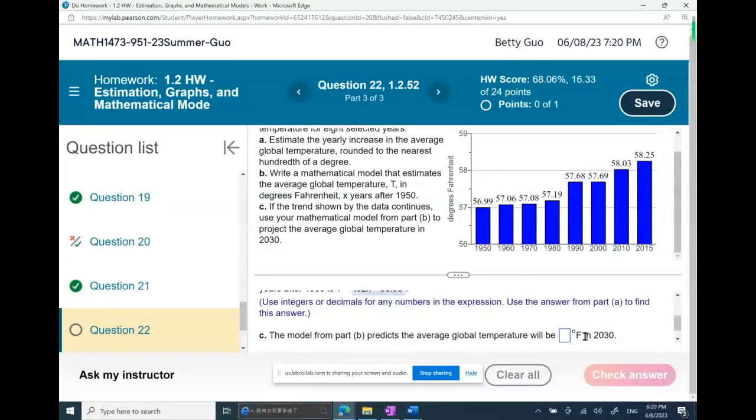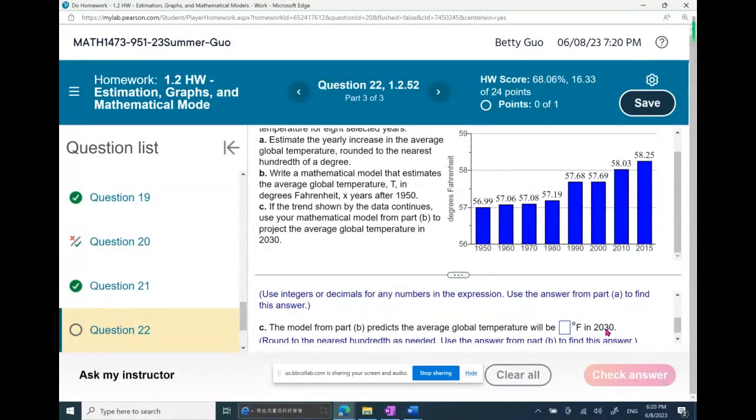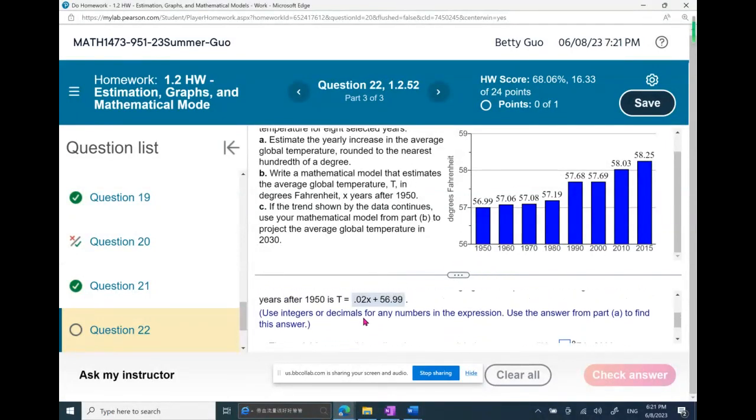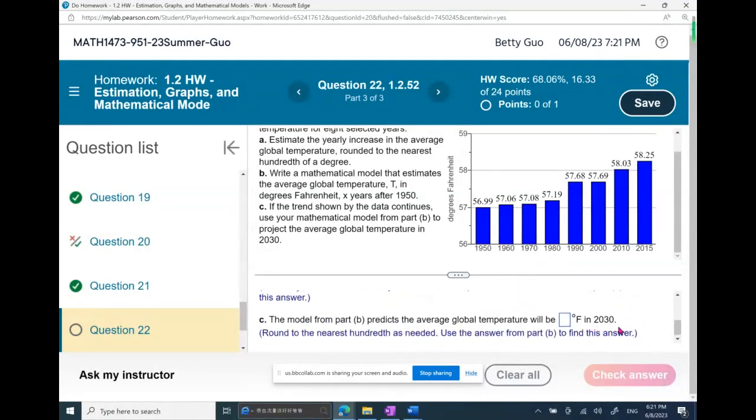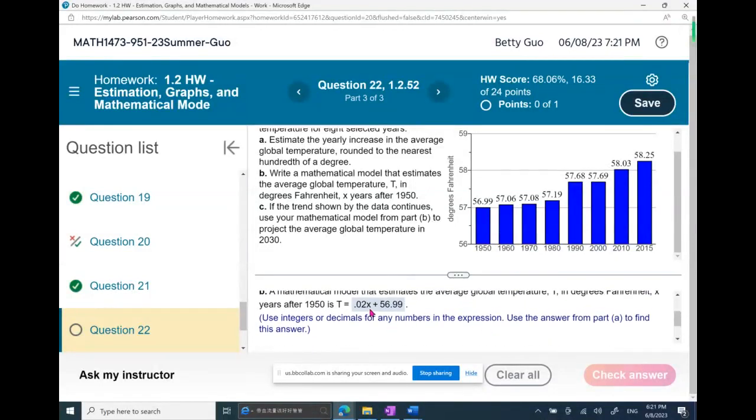From 1950 to 2030, how many years is that? 80. Awesome. So we are going to plug in x equals 80 in the model. You might wonder, what is the model? The equation is the model.